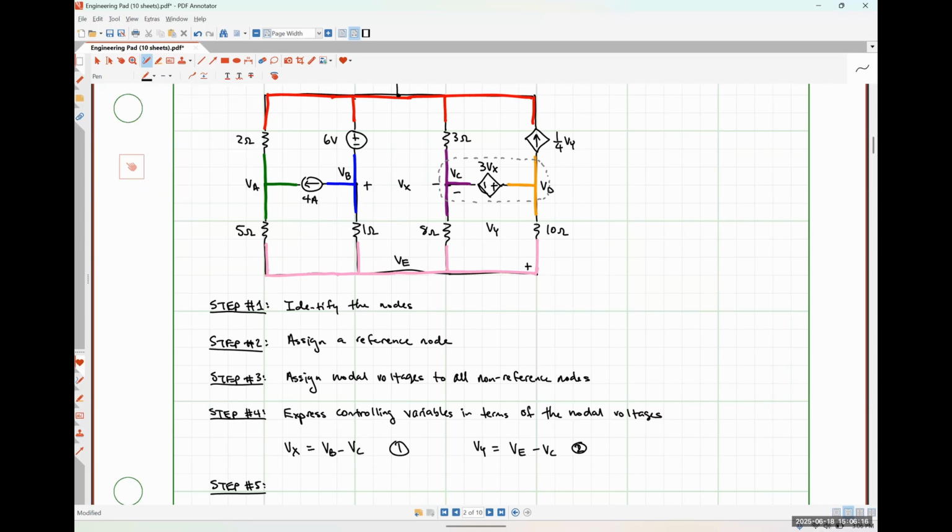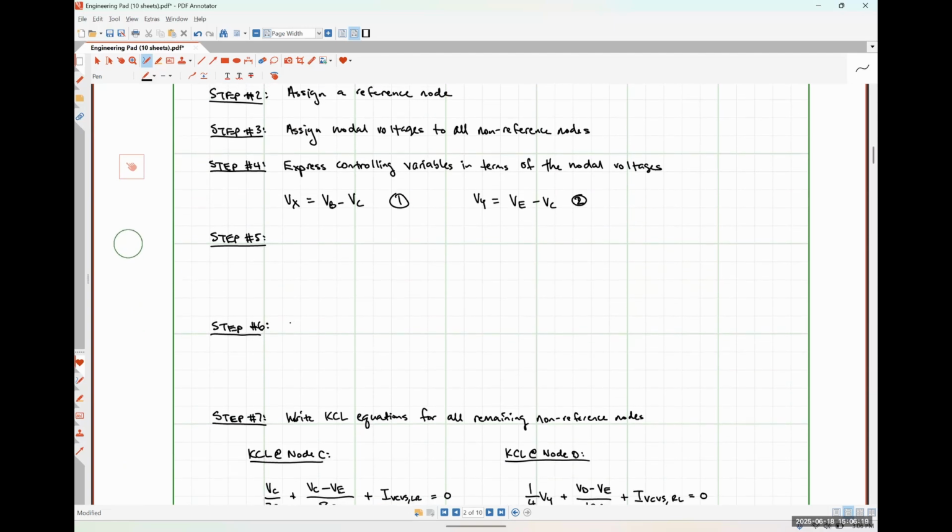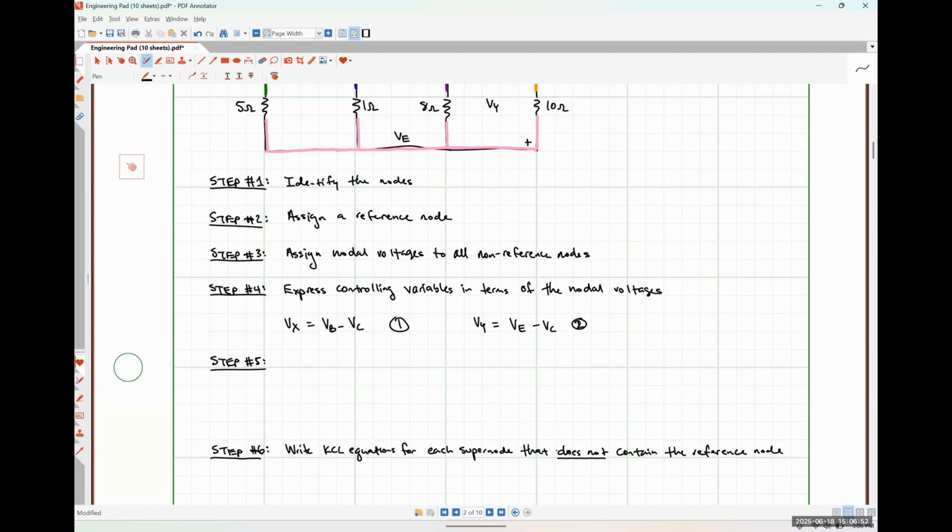So that's going to be step 6, okay? So step 6 is going to be to write KCL equations for each supernode that does not, I'm going to underline that because it's very important, contain the reference node.